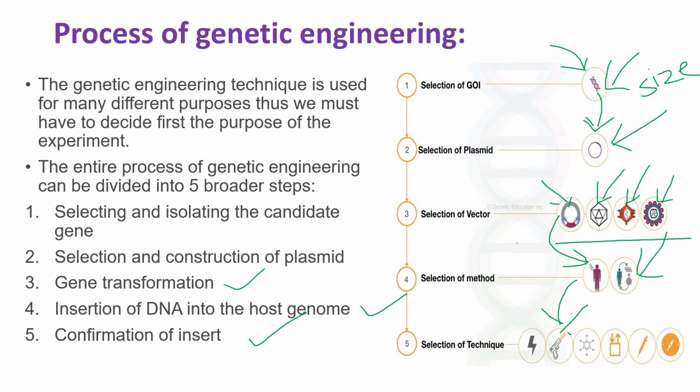For example, various PCR methodologies are there. PCR technique is there, blotting technique is there, Southern blotting. Even ELISA techniques are there to identify whether your gene has been expressed in the host cells or not. So this is the process of genetic engineering.